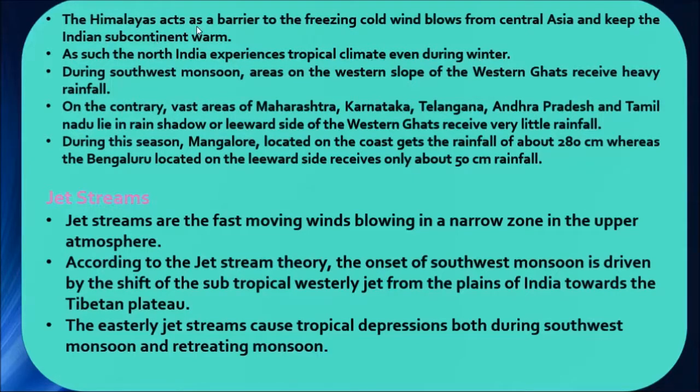So, our India is saved by these Himalayas because these are high hills which act as a barrier. They stop this freezing cold which is coming from that side, keeping our country warm. In the same way, North India experiences a tropical climate even during winter.